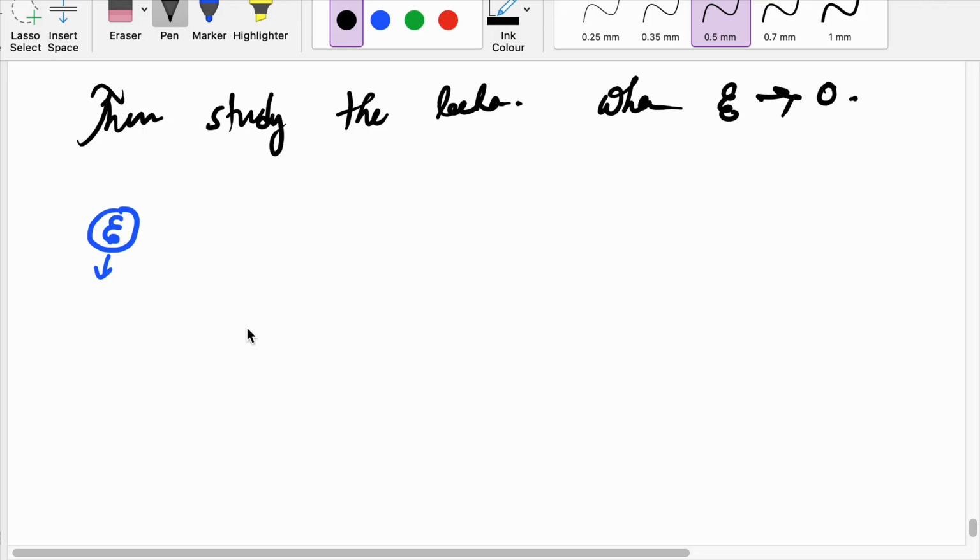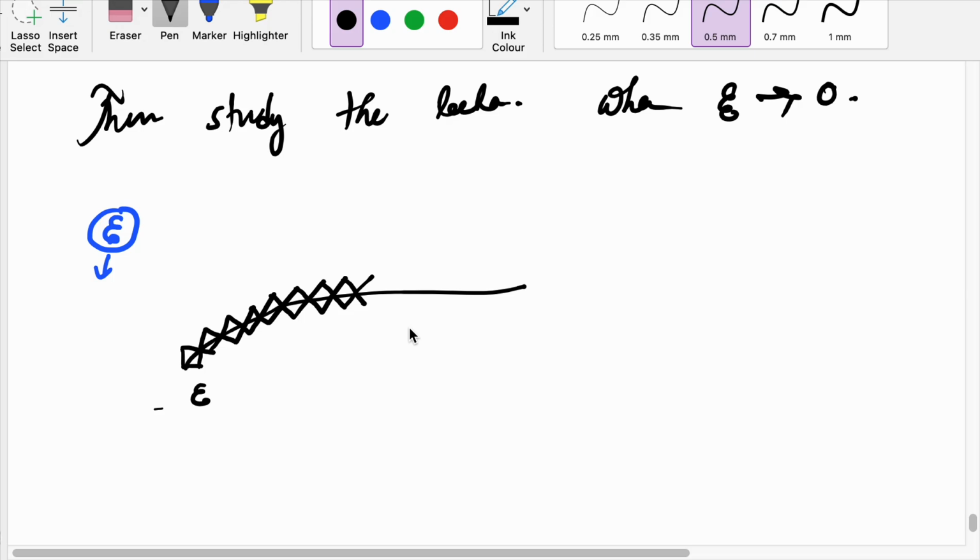Suppose this is a line, and the size of the box is epsilon.